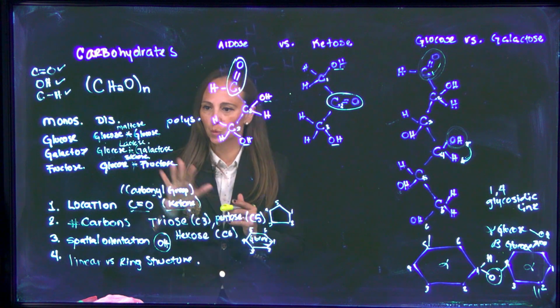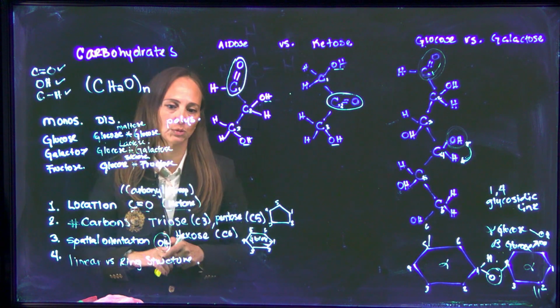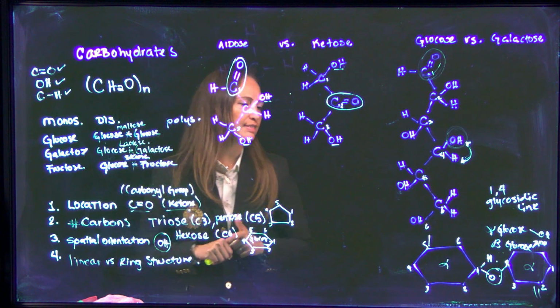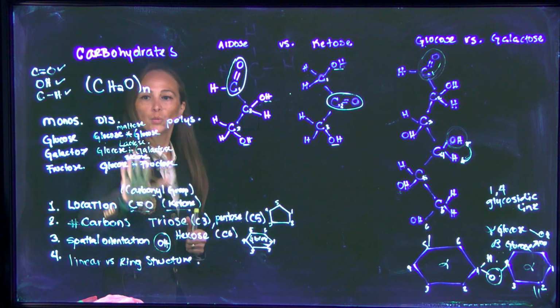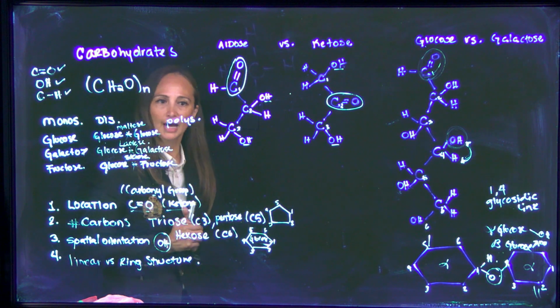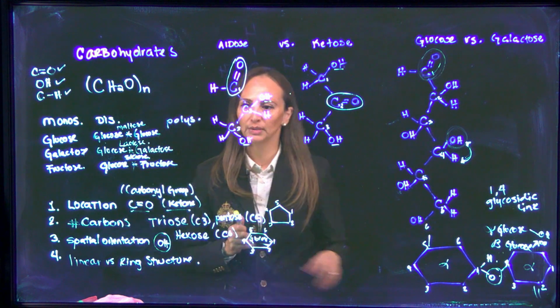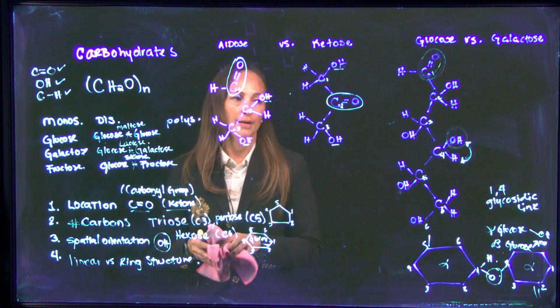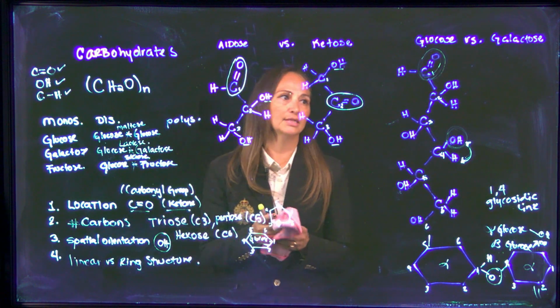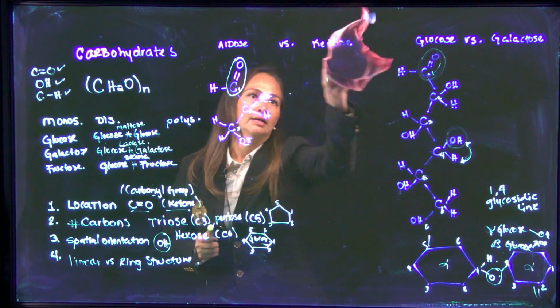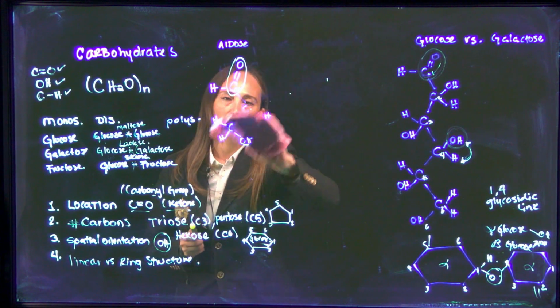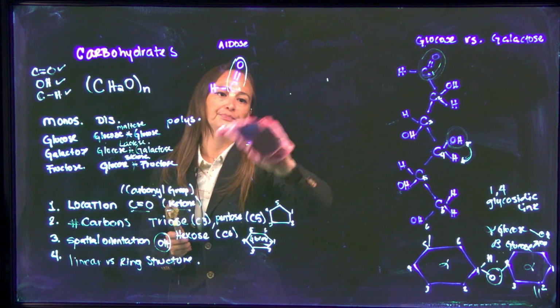So just to quickly see the differences between those sugars and why all of these links matter. We already have our monosaccharides and our disaccharides. Let's go ahead and move on to the polysaccharides. So for that, I'm going to quickly delete this one right here so we can make our way to talk about polysaccharides.